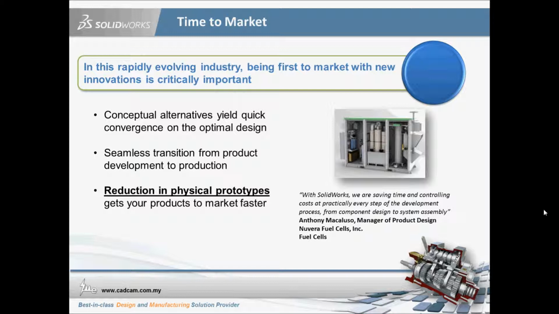One way is to reduce physical prototypes so that we can get our products to market faster. Imagine if today there's a tool that allows us to reduce the number of prototypes, let's say from 5 to 2. Imagine how much time we save on producing the physical parts for testing, right?